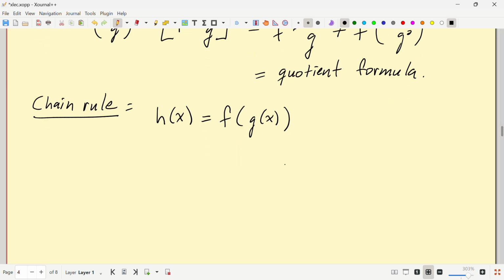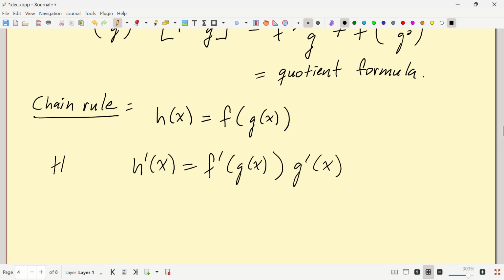Then the famous chain rule formula is that h prime of x equals f prime of g of x times g prime of x. If I were going to write out all the hypotheses, I'd have to have intervals where f and g are defined. g would have to map to where f is defined. Those derivatives would have to exist. I'll skip that and let you read it in the book.